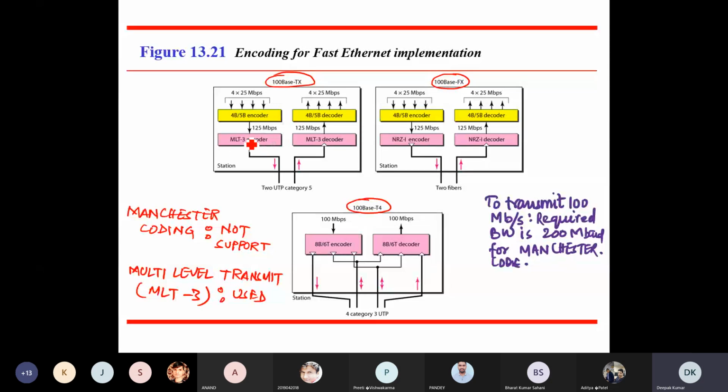So to achieve this maximum bandwidth, we have to choose another coding technique. MLT coding is used for 100 base TX. NRZ coding and NRZ decoding are used for 100 base FX. 8B6T is another type of coding that is used for 100 base T4.